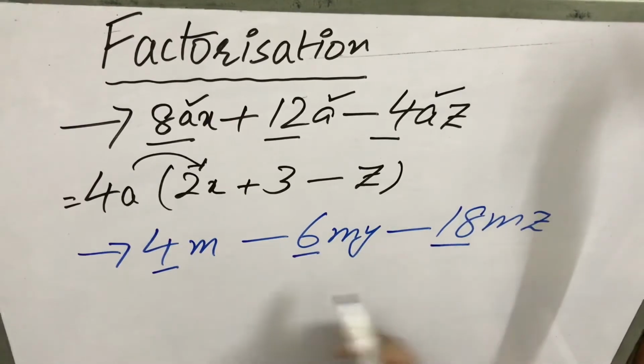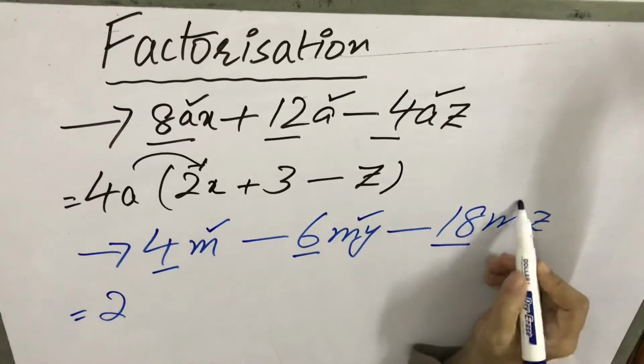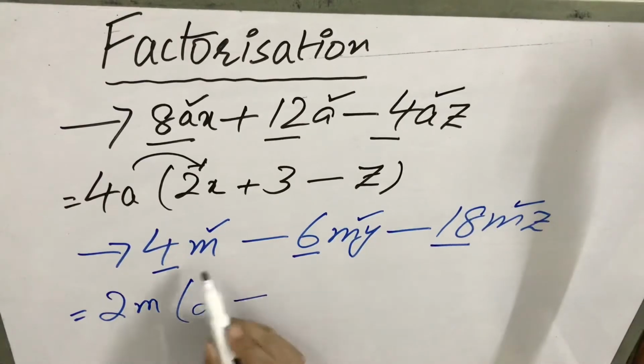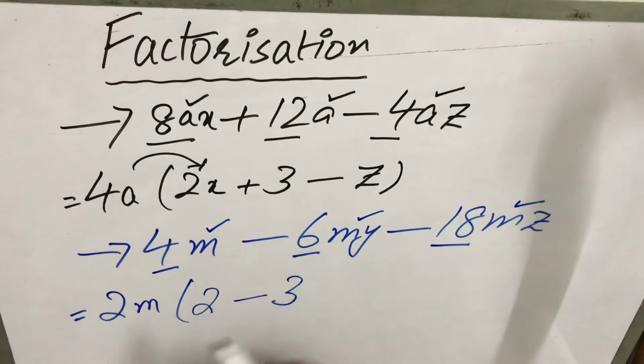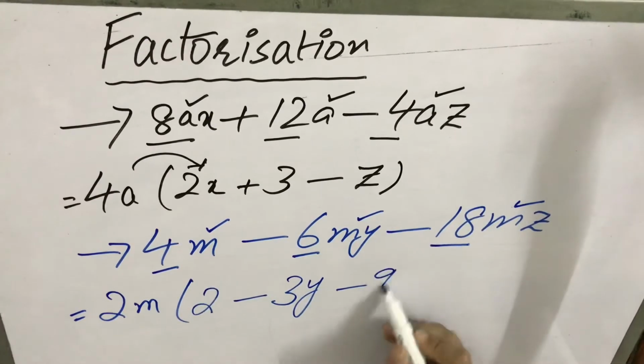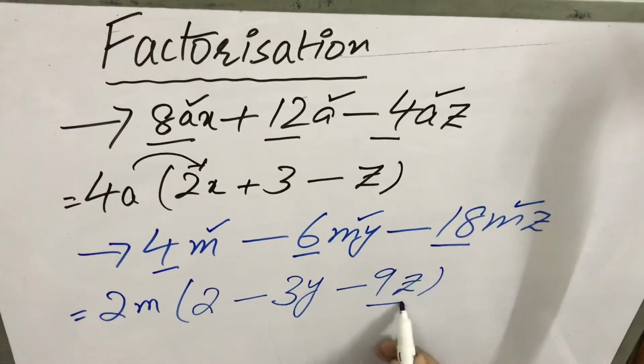So we can only have 2 outside along with this m. What is left inside? 2 2s are 4, m is outside, 2 3s are 6, m is outside, y, 2 3s are 6 and 2 9s are 18, mz. You can see that now there is nothing common inside the bracket.